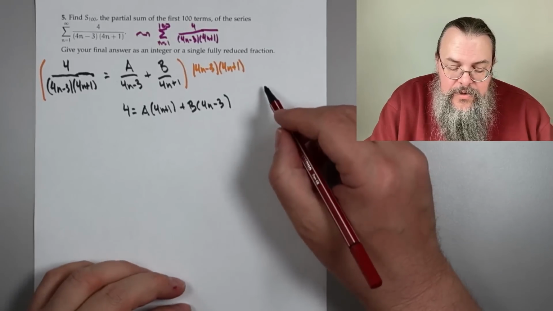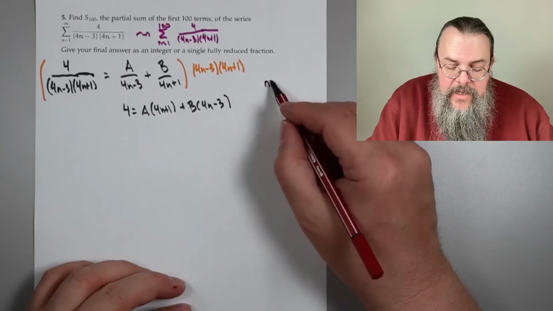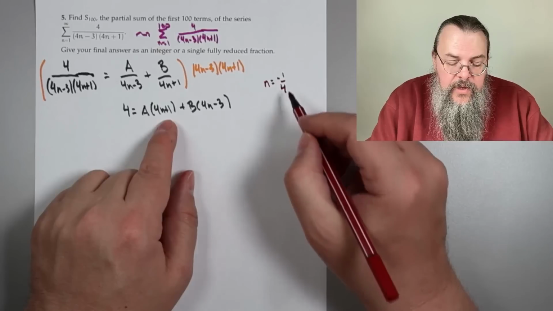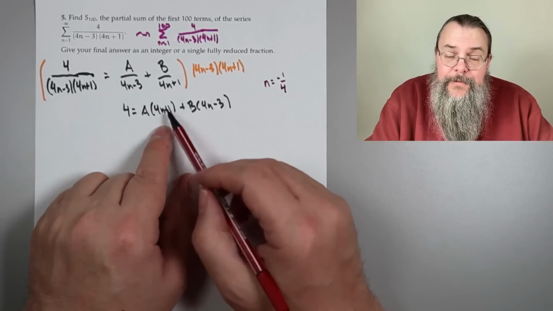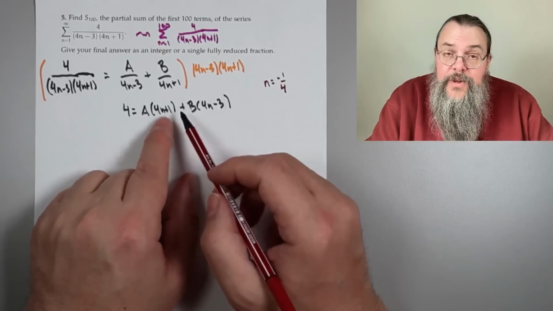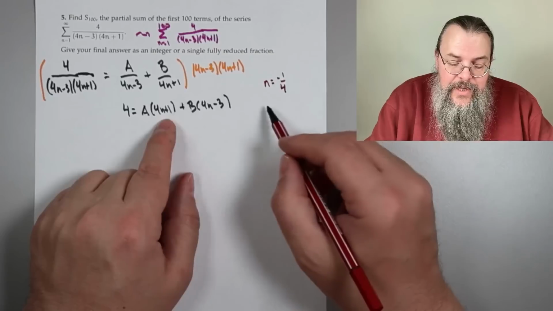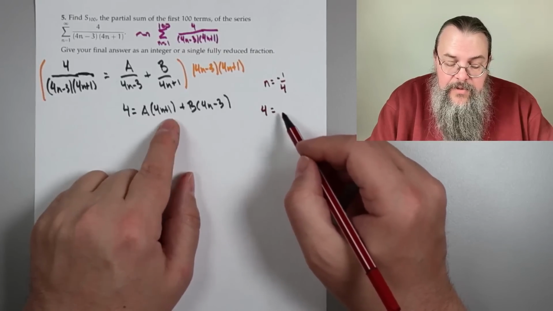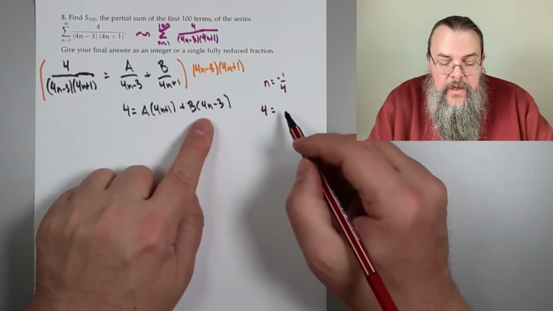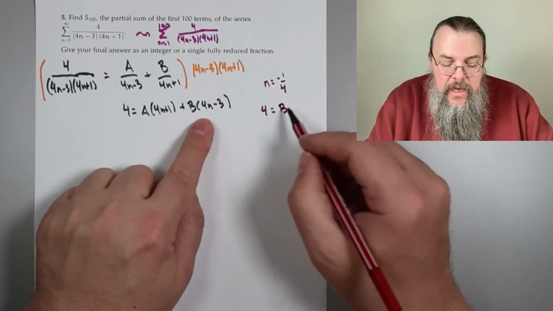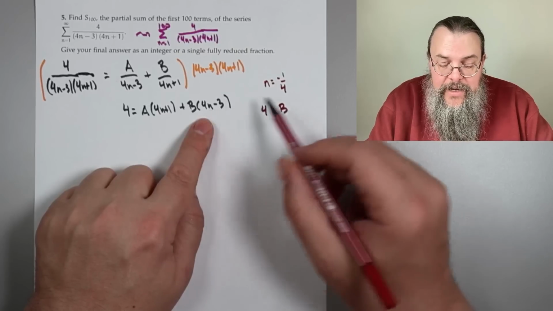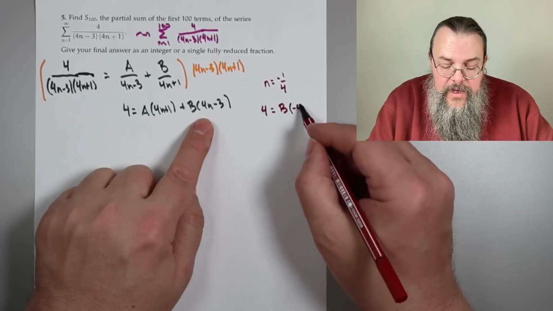So what are some good choices? How about n equals negative 1/4? If we plug in negative 1/4 for n, the A term becomes 0, so 4 is equal to B times (negative 1 minus 3), which is negative 4.